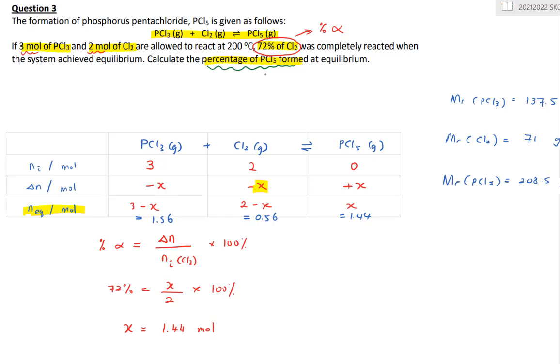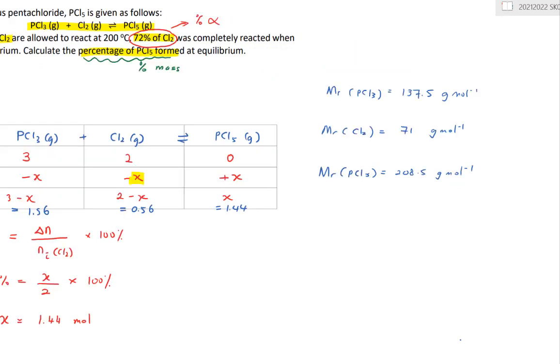So this is kind of like a percentage by mass from chapter 1, the percentage of the PCl5 formed, and you're using the mass formed at equilibrium. So in order to find the percentage of PCl5 formed, we need to figure out the mass of PCl3, Cl2, and PCl5 using the number of mole we have calculated at equilibrium.